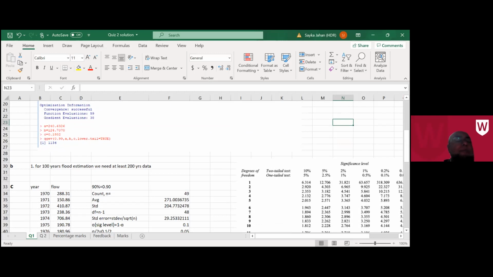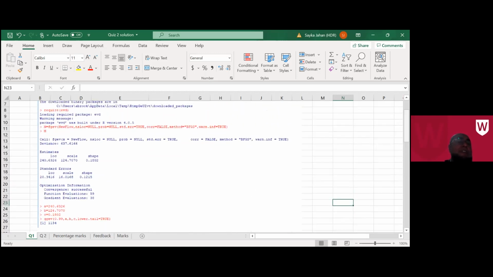Okay, so if you go up to your distribution and the standard error, I'll explain a little bit. Go up. Yep. So here you can see the estimates of the location, scale, and shape parameters, and the standard errors of those values.